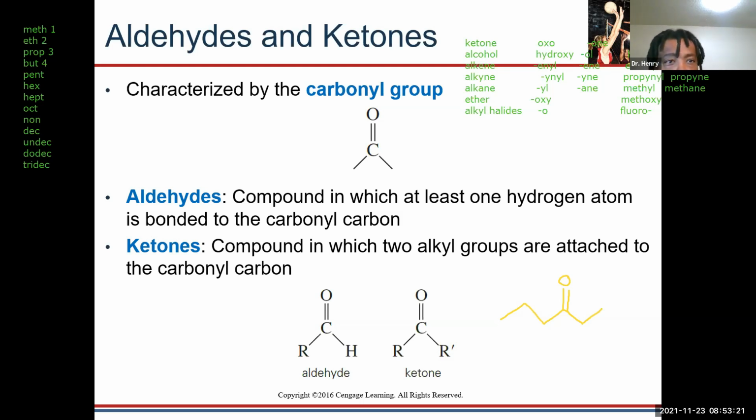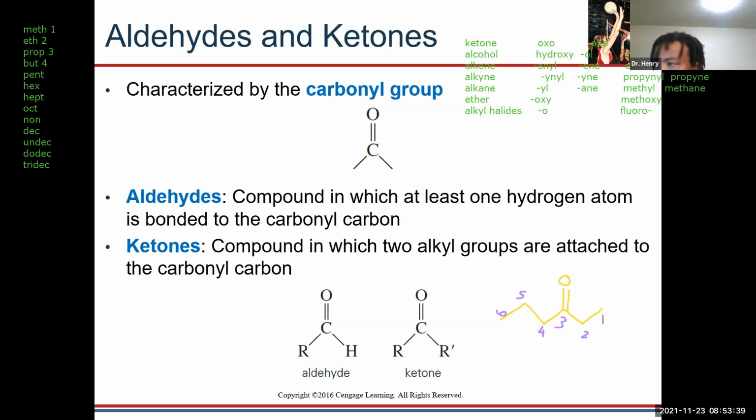Count the carbons. Giving our functional group the lowest number. 1, 2, 3, 4, 5, 6.